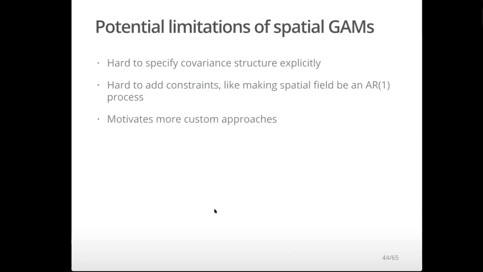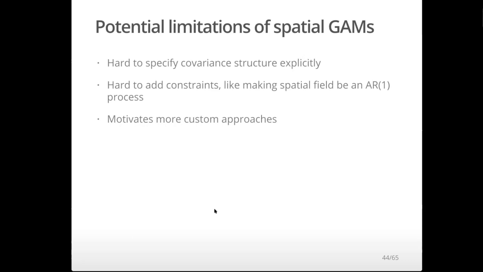Okay, so one of the limitations of GAMs, despite their flexibility, is that unlike the CAR and SAR models we were fitting, or even the models with GLS, we're not explicitly including a covariance function or kernel, and so that's a difference.